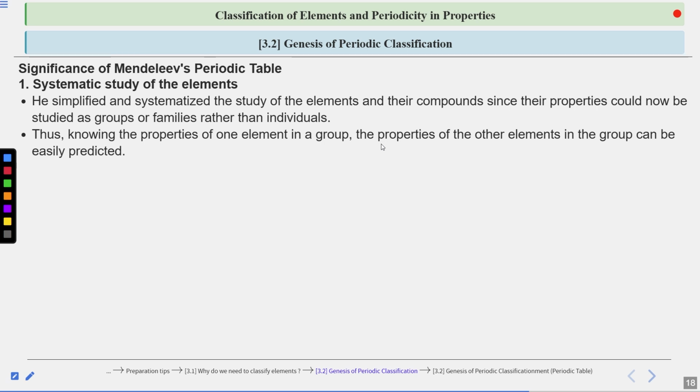Now, if you know the property of the first element in that group, you can predict the properties of the upcoming elements without doing experiments on it. Now, there would be exceptions, but at least you would be able to predict a large amount of its properties without doing experiments or calculating them.